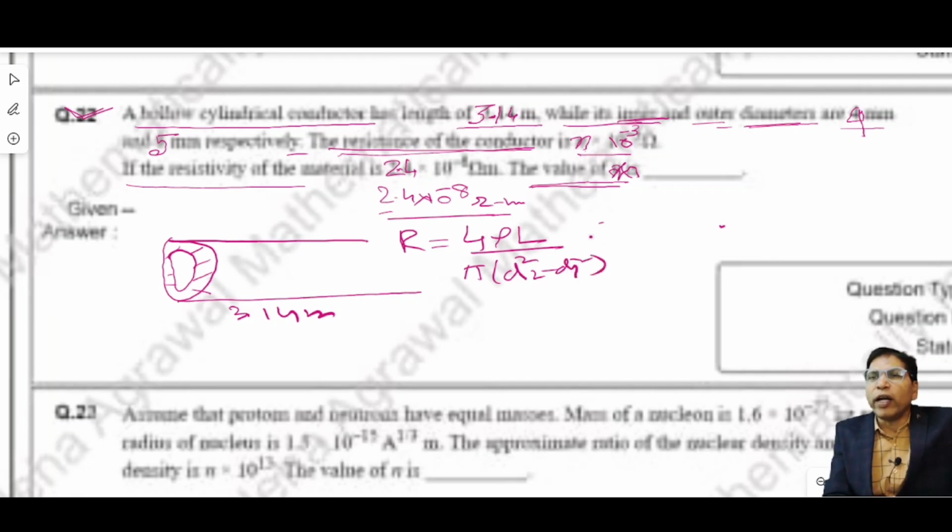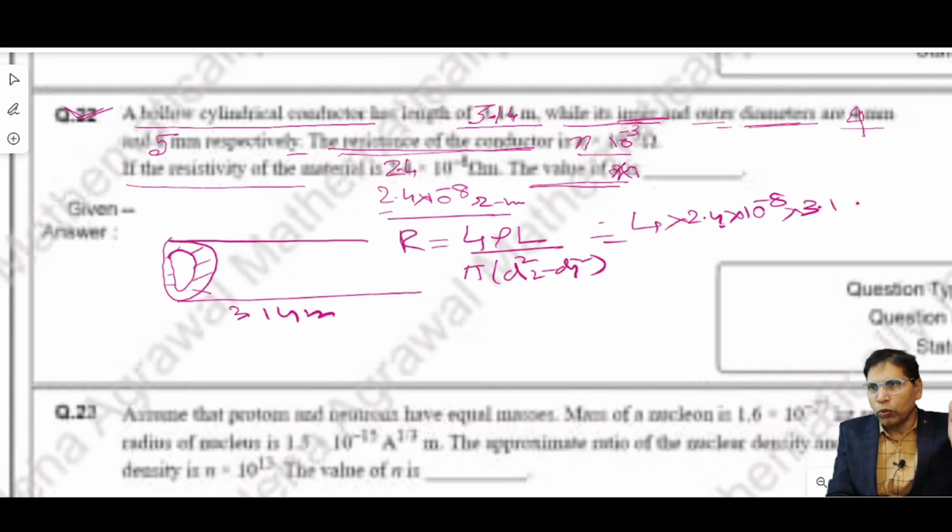Now, 4 into rho is 2.4 into 10 to the power minus 8, L is 3.14, divided by pi into d2 square, that is 5 square minus 4 square. So this is 3 square, and 3 millimeter should be converted into meter, whole square. Okay, no problem, this and this cancel out.